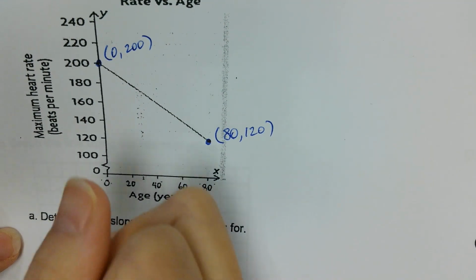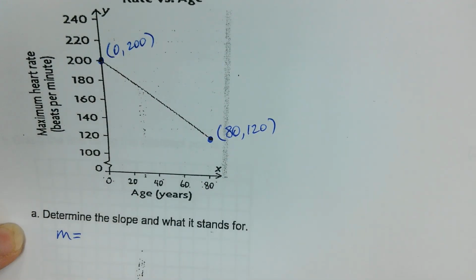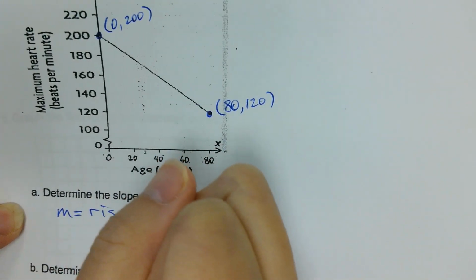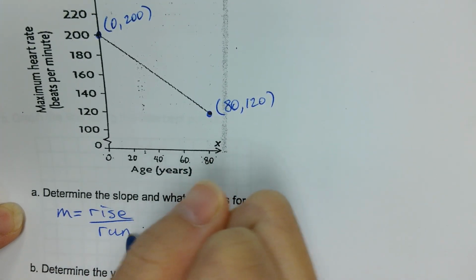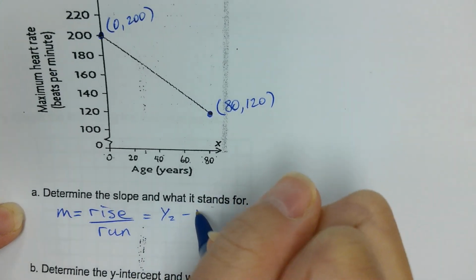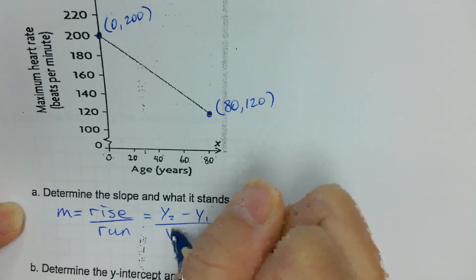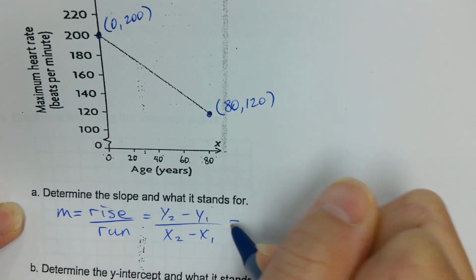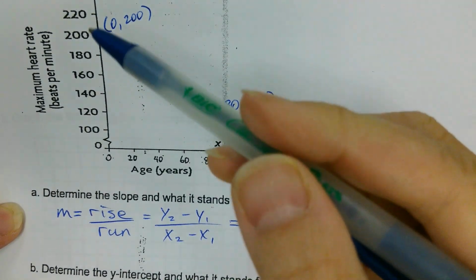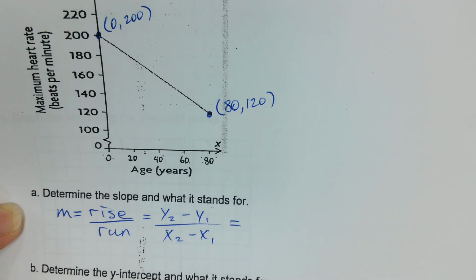We can either do rise over run, or we can do the slope formula. So we could either do this, or we can do this. Same thing, same idea. You're basically finding the difference between the y values over the difference between the x values.